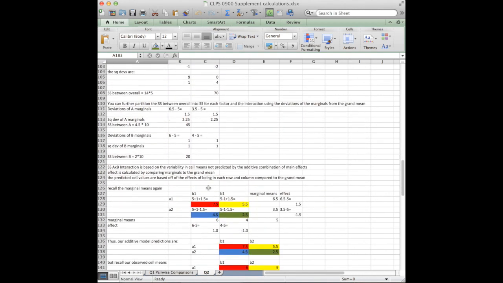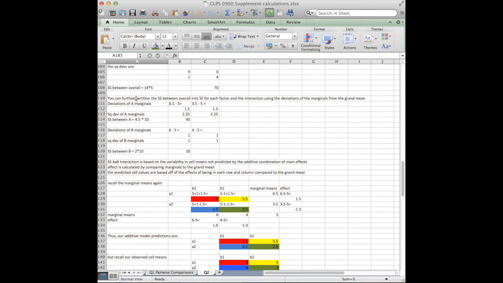But notice that we called this sums of square between overall. So we can actually partition this into each factor. So we can get also SS between A and SS between B. So to get that, we would base our sums of square term on the marginals.